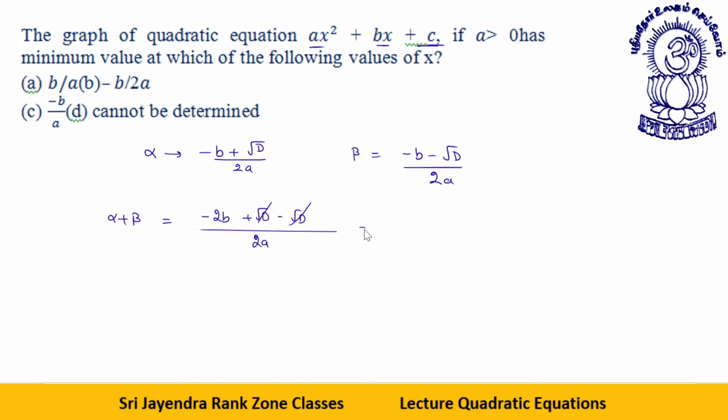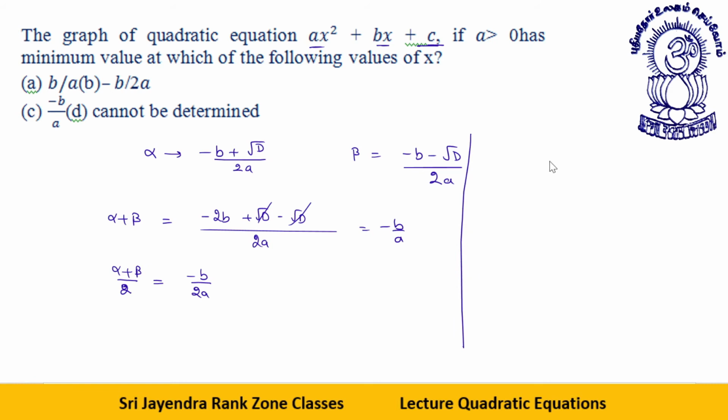The denominator is 2a, so this is minus b by a. I just want to tell you that alpha plus beta is minus b by a. So alpha plus beta by 2 is minus b by 2a. Okay, this value you have understood. Let's keep this value aside.